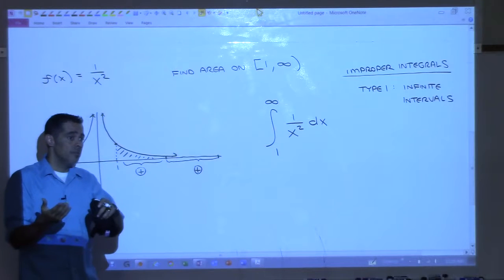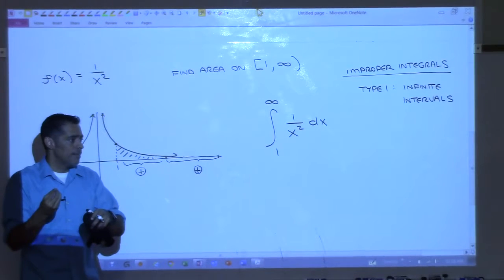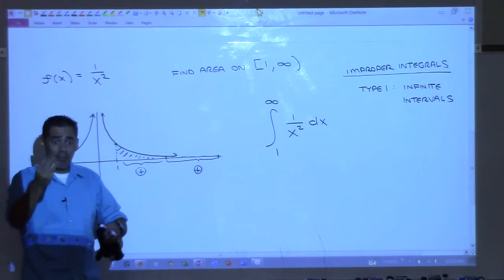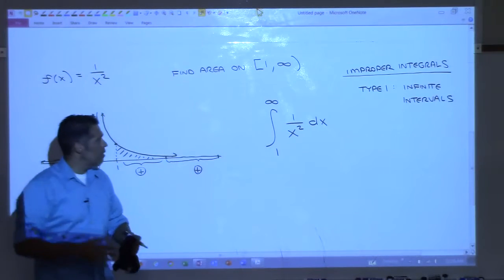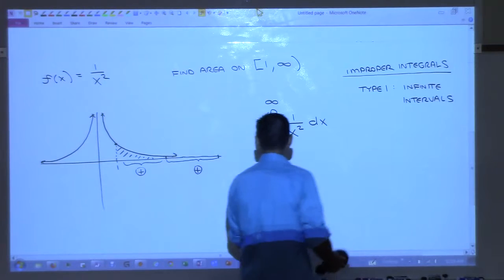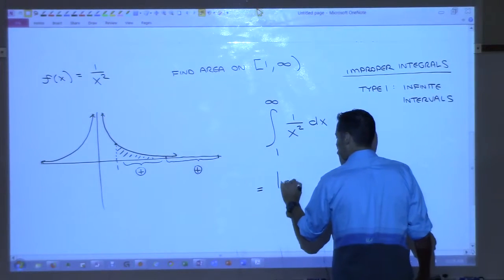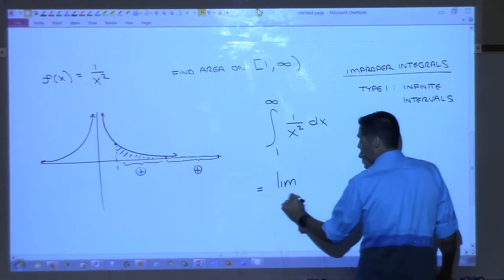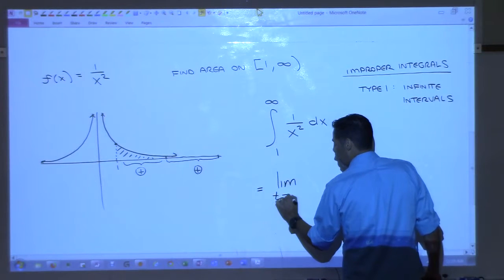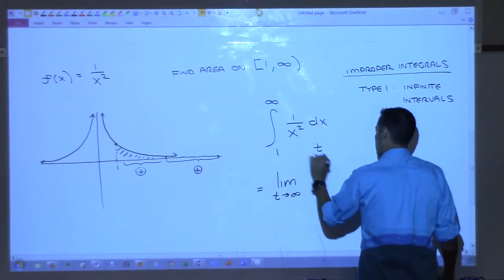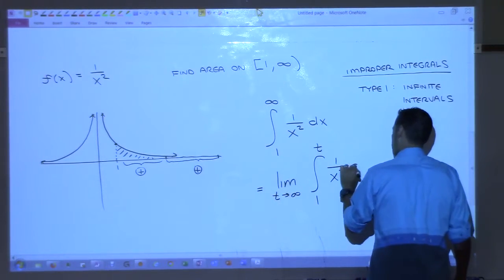What we can do is look at infinity as an idea, like a limit. We can let something become very big, right? So anytime we have this, we will first convert the problem over to a limit. Now I can use any letter I want here. The book uses t. The limit as t goes to infinity of the integral from 1 to t of 1 over x squared dx.